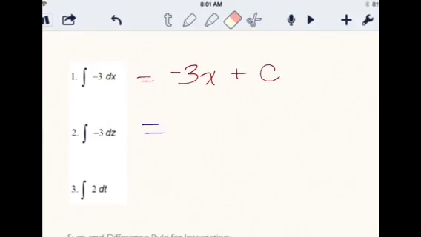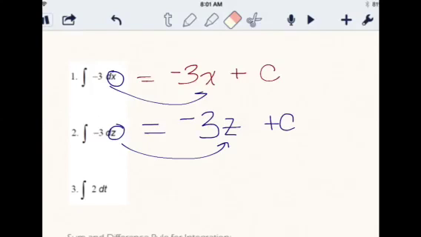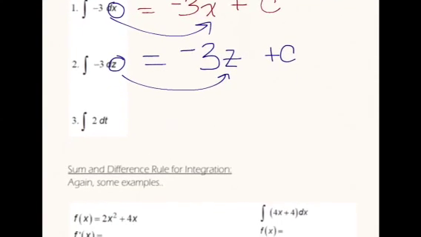It better not be negative 3x. It's negative 3z. This letter tells you what the letter you're using is. So how about 2 dt? This will be 2t plus c. So whenever you have a constant, the antiderivative just attaches whatever the variable is to that constant.